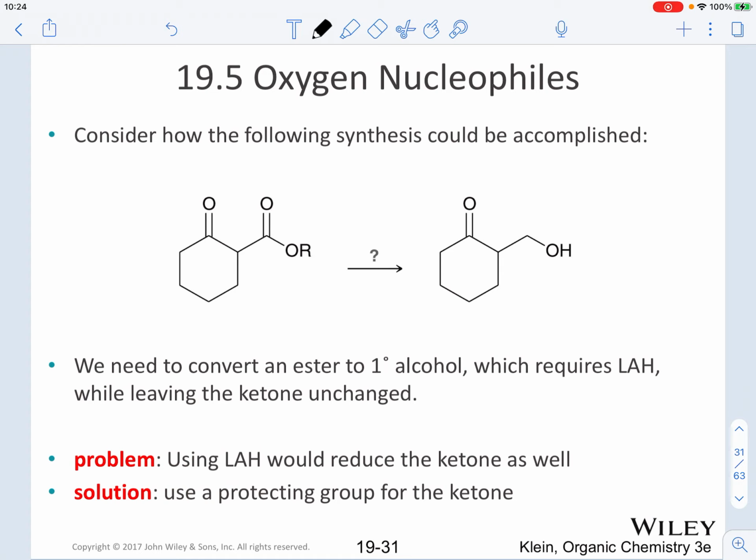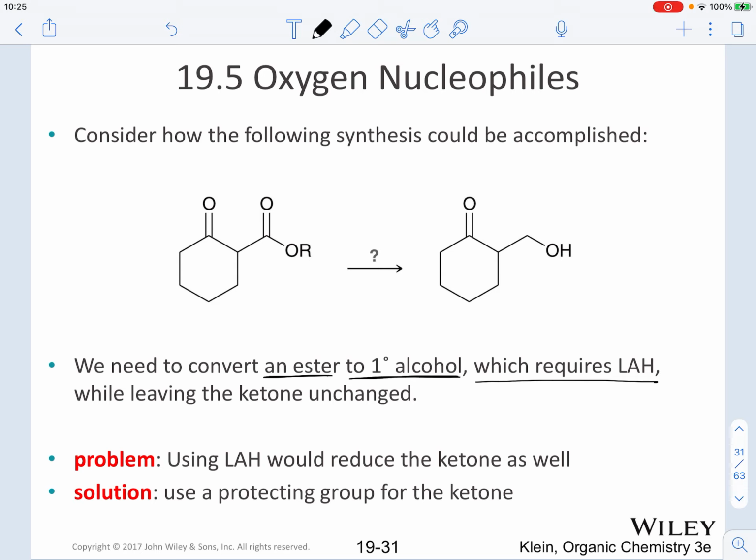So let's consider the following reaction. Let's say that you want to synthesize a particular molecule. We need to convert an ester to a primary alcohol, okay? And typically in this process, understand that you could do that by using lithium aluminum hydride, okay?